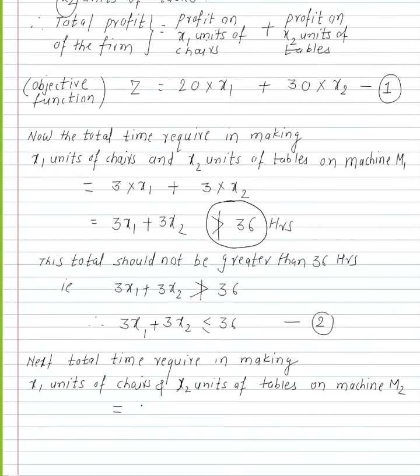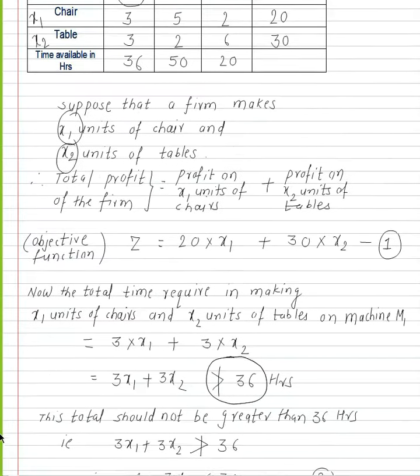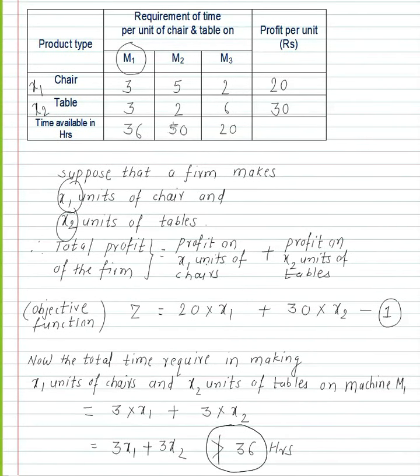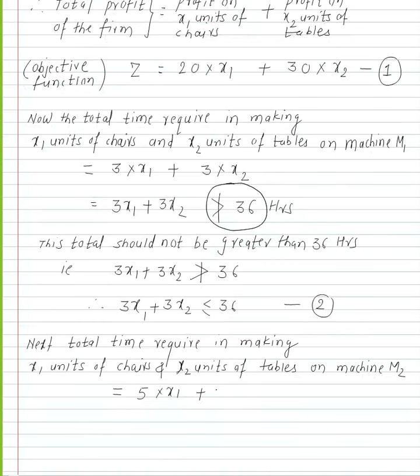Each chair requires 5 hours on machine M2, so x1 units will require 5 into x1 hours. Each table requires 2 hours on machine M2, so x2 tables will require 2 into x2 hours. So it is equal to 5x1 plus 2x2.